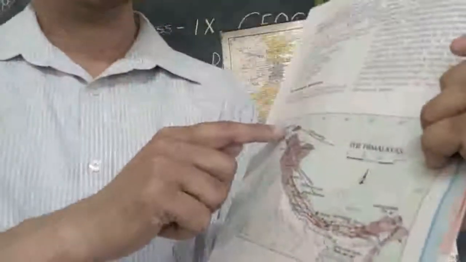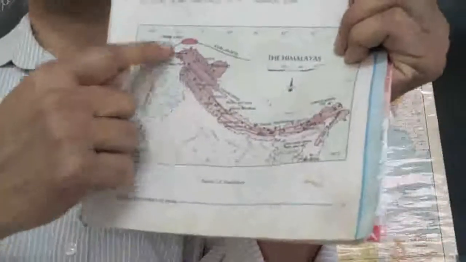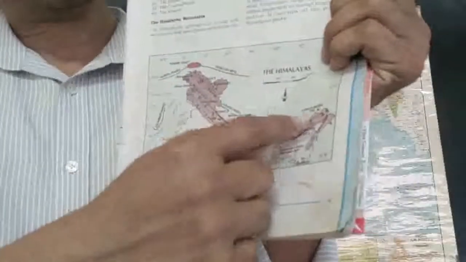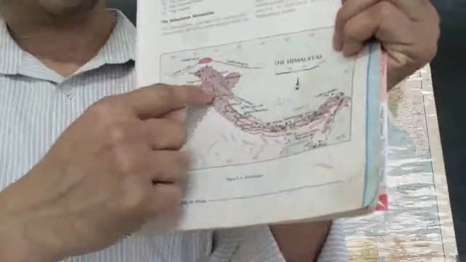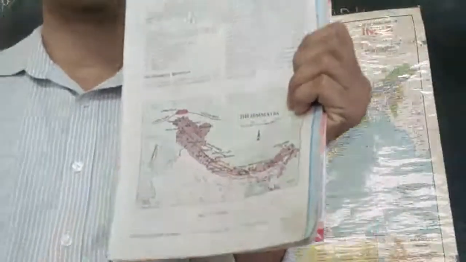You will see the red lines given there. They are the 3 ranges. See the shape? It is like an arch. And we will see 3 lines. The first line is one range, the second one is the second range, and the third one is the last range.